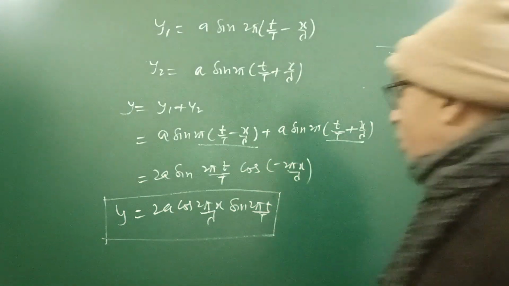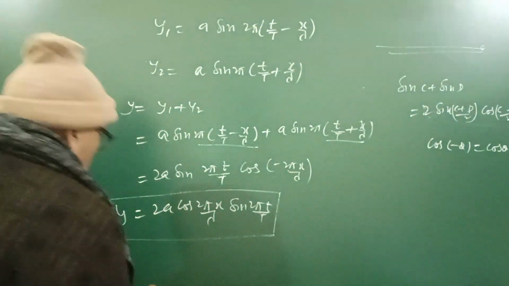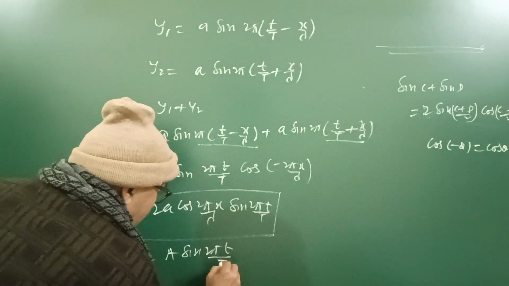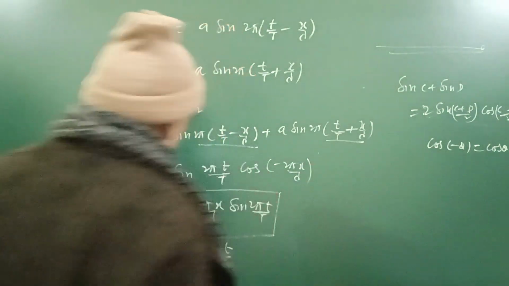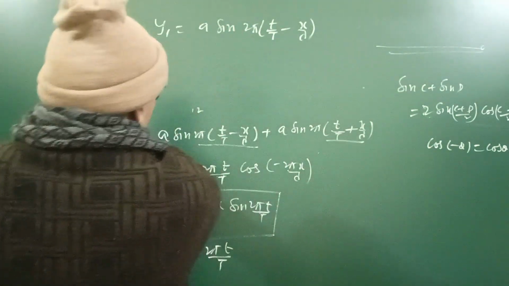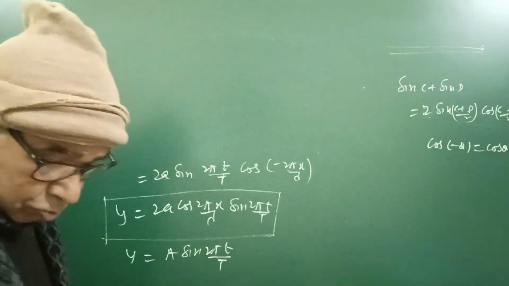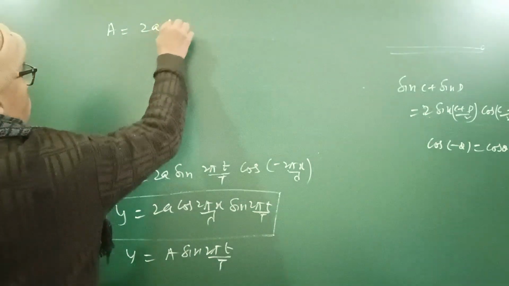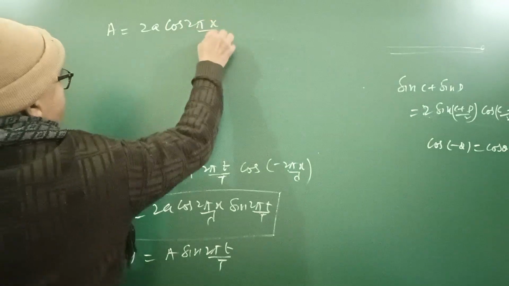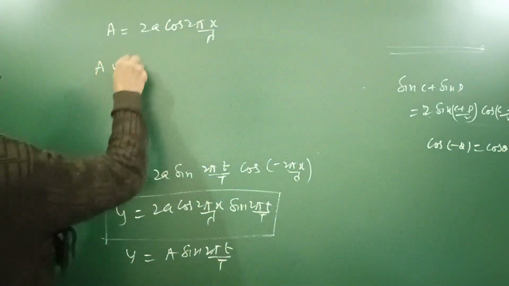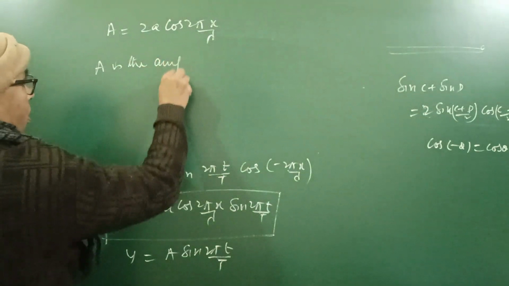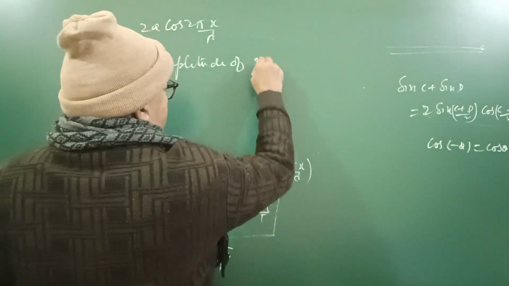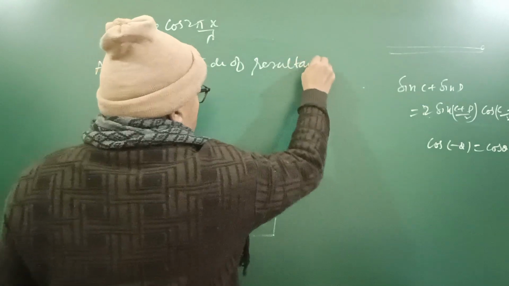And you can also write it as y equal to A sine 2 pi t upon T, where A is the amplitude, where A is equal to 2a cos 2 pi x upon lambda, and here A is the amplitude of the resultant standing wave.